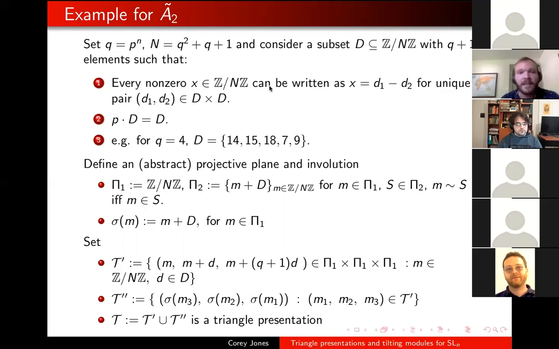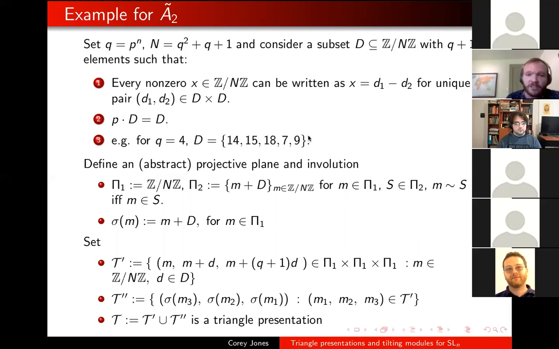Every non-zero element in Z mod NZ should be able to be uniquely written as a difference of two elements in D. Second, I want to make sure that multiplying by P, where P is this prime here related to this Q, leaves D invariant. So here's an example for Q equals 4 equals 2 squared.